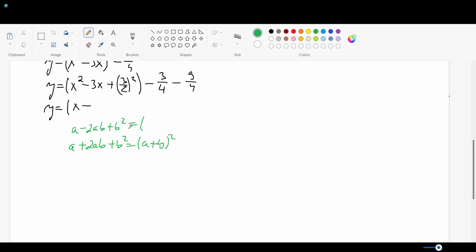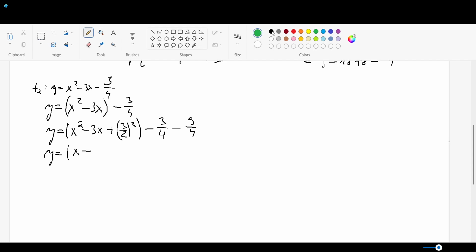So these are two formulas we are using when we complete the square, or we transform from the standard form to vertex form of the quadratic function.